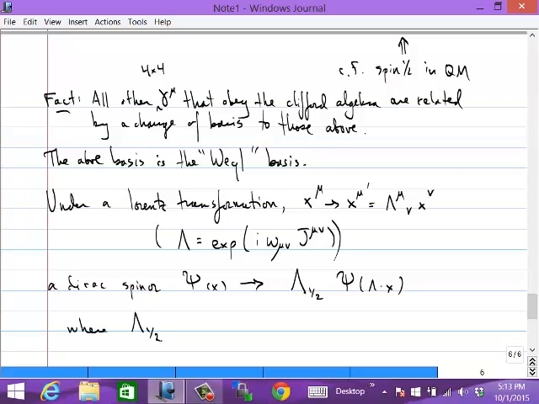That 4 by 4 matrix, which I'll call lambda sub 1/2, to remind ourselves that it's the Lorentz transformation written in the spin 1/2 representation, is the exponential of I omega mu nu times S mu nu, where S were those commutators of the gamma matrices that I wrote down above.